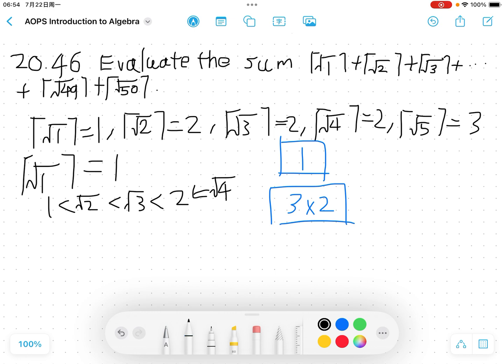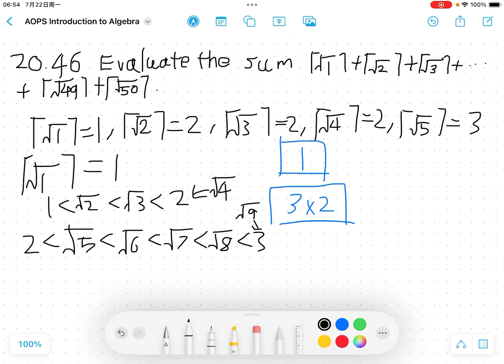And then let's look at what happens when we have root 5. Root 5 is clearly greater than 2 because it's greater than root 4. It's less than root 6, root 7, root 8, which is less than 3. So 3 here is just root 9.